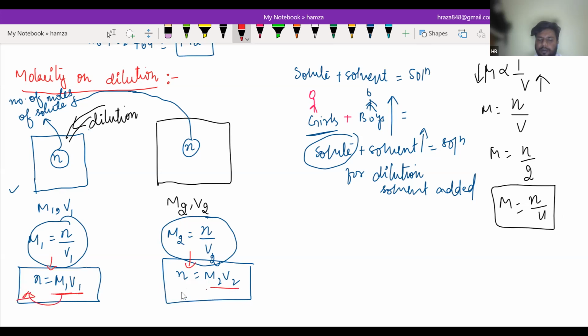In the same way, M2 V2 is the value of n, the number of moles of solute. Both are equal to n, that means M1 V1 is equal to M2 V2. So whenever there is a question on dilution to find the new molarity, you can use this formula.